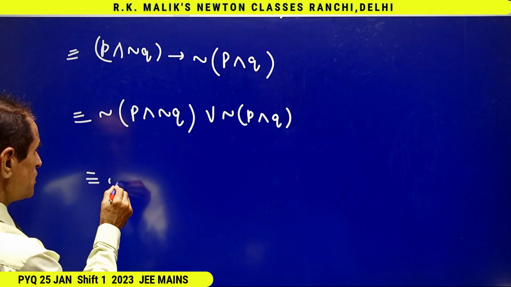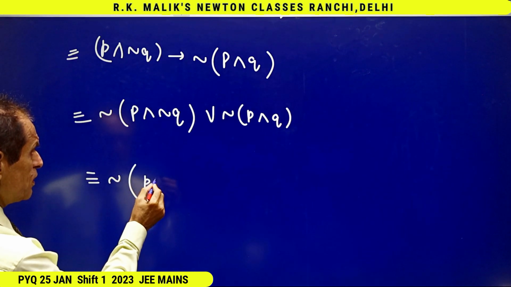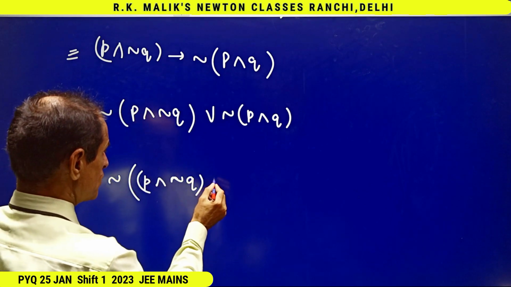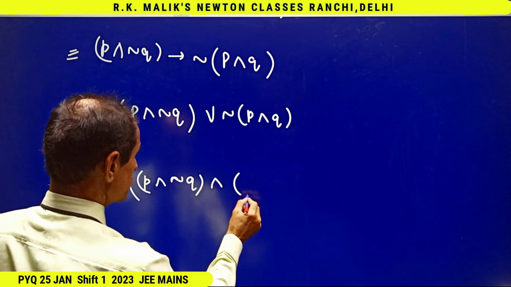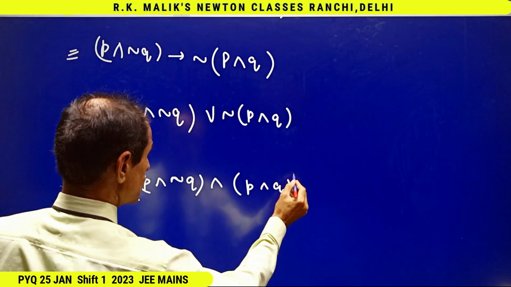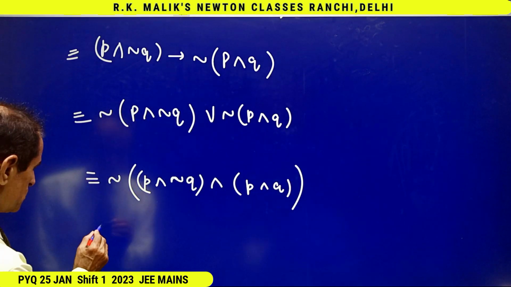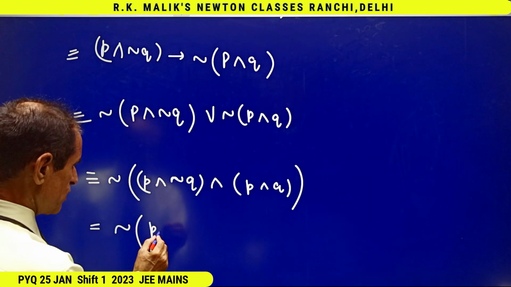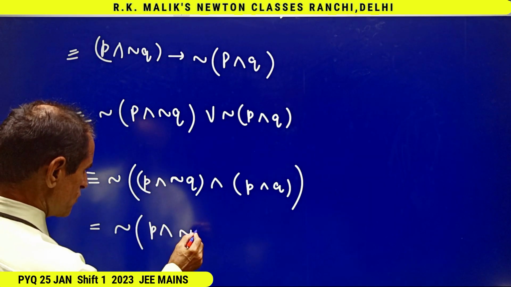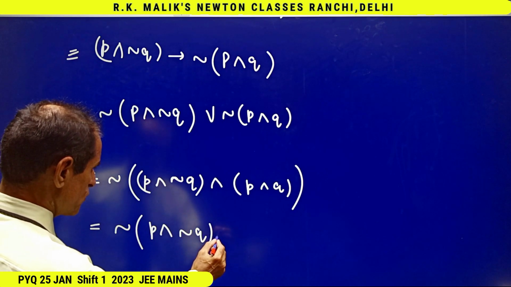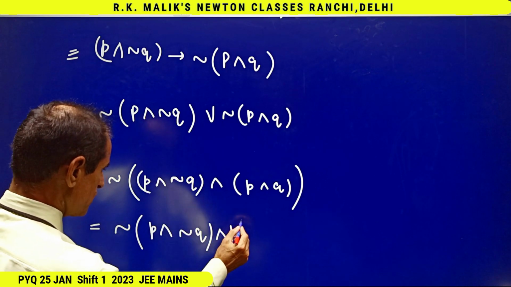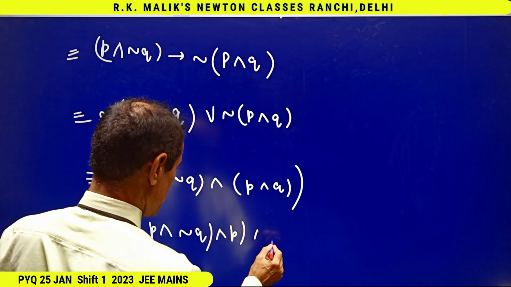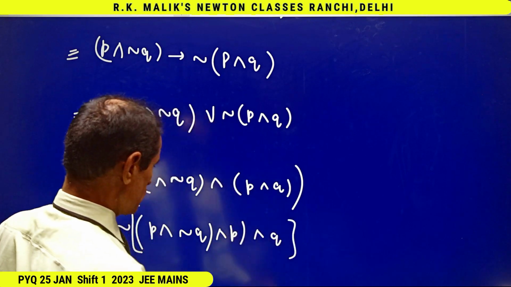That is, I can say negation of (P and negation Q) or negation of (P and Q). This is equivalent to negation of (P and negation Q and P and Q).